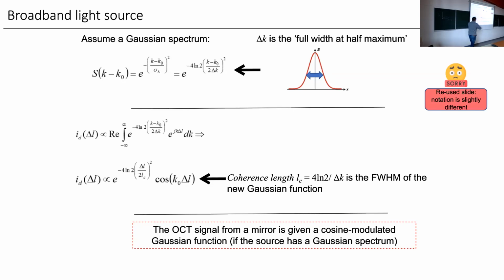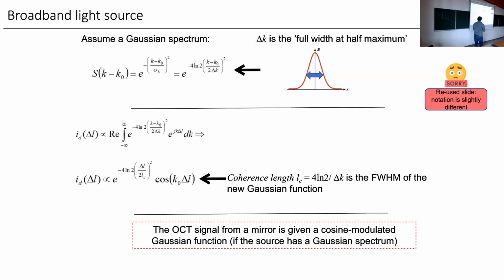Yeah, let's make it practical, and I have to apologize because I'm reusing these slides, so all of a sudden my complex number has changed, the switch here instead. So let's assume that we have a Gaussian shaped spectrum. That is the equation on top there. There's a center wave number k0, and a Gaussian shape with a certain width.